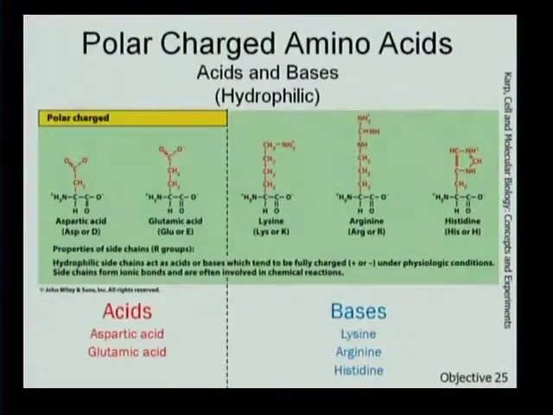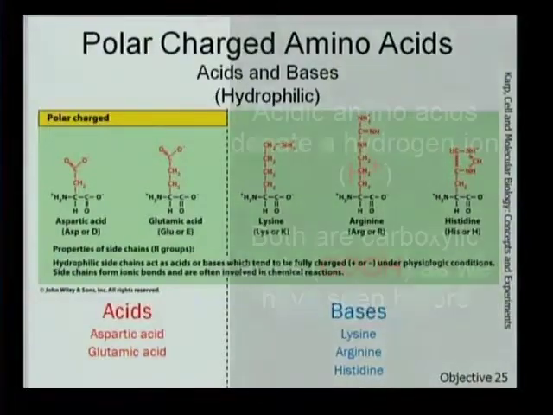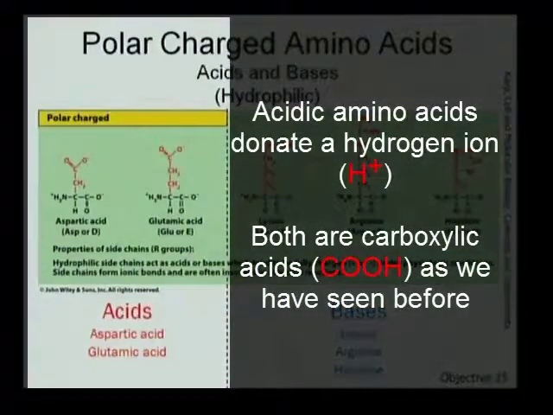So acidic amino acids are those which donate a hydrogen ion, a proton. Basic amino acids are those which donate a hydroxyl group, or take a hydrogen ion or proton, and develop a positive charge as a result. Aspartic acid and glutamic acid are examples of polar charged amino acids that are acidic.